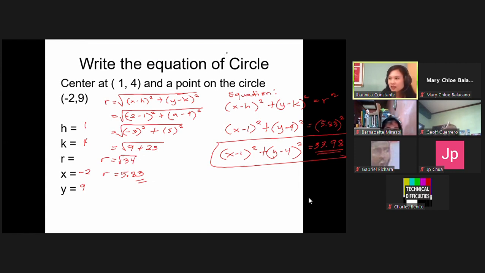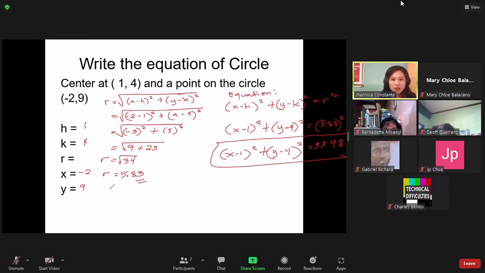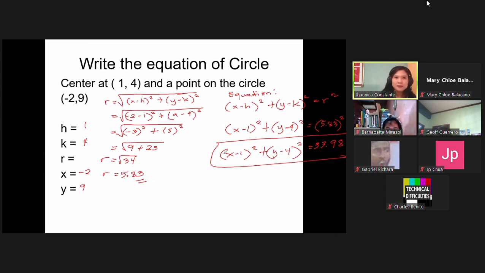That's how you can identify if you have the correct equation of your circle, given that the radius is not present based on the solution of your radius. Okay?